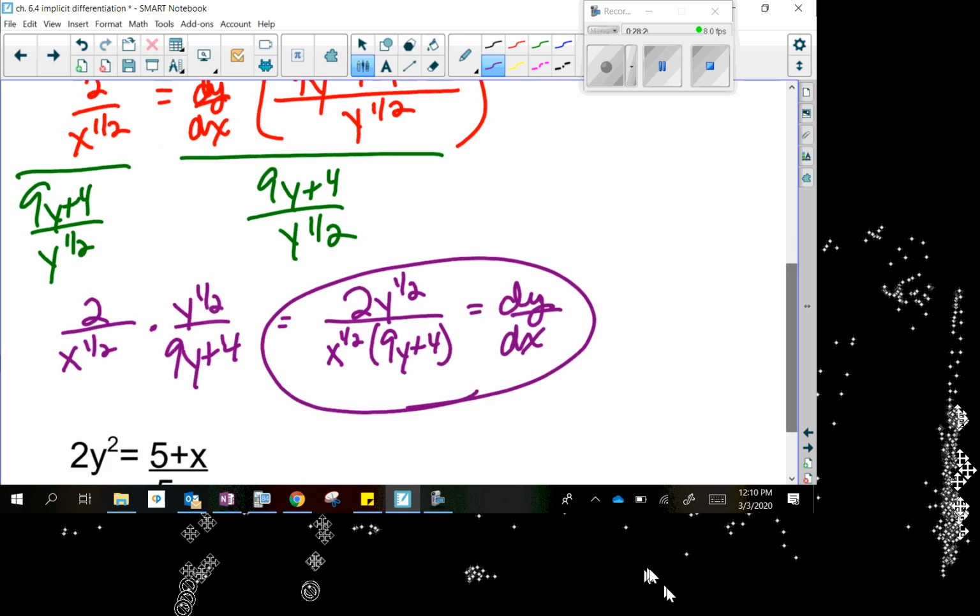It really just opens you up for errors there. It's easier just to keep it on the outside. I wouldn't take off if you did distribute it, but it's just as easy to keep it out. Okay, questions about that?